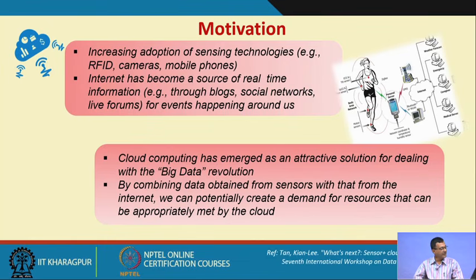So, by combining data obtained from sensors with that from the internet, we can potentially create a demand for resources that can be appropriately met by cloud, right. So, what we are trying to look at is whether we can have an amalgamation of these technologies or processes which are collecting data, and a way of disseminating the data, that is accessing the data.